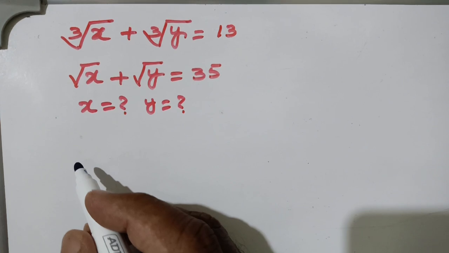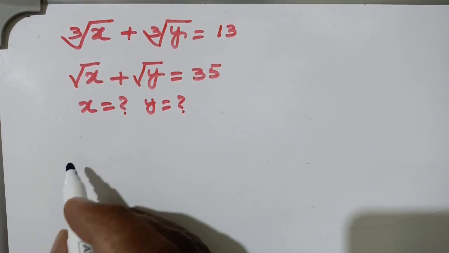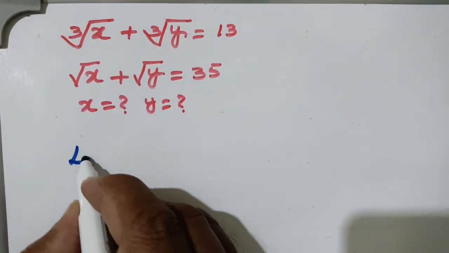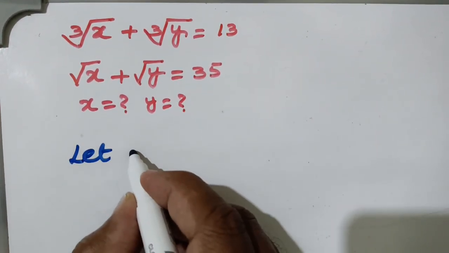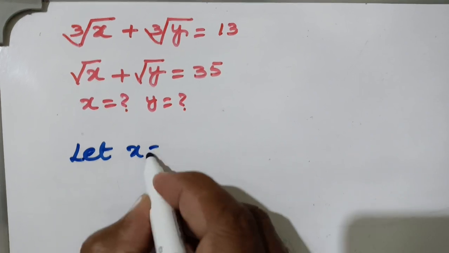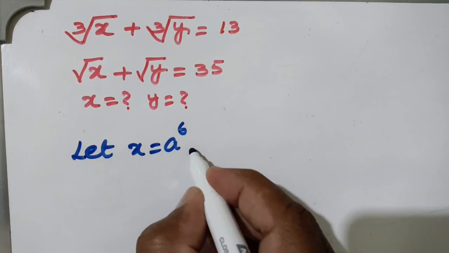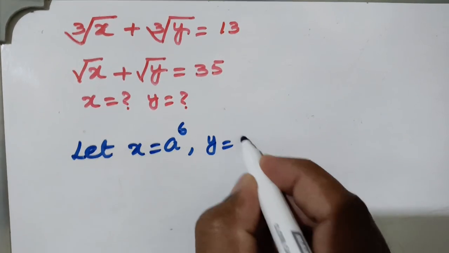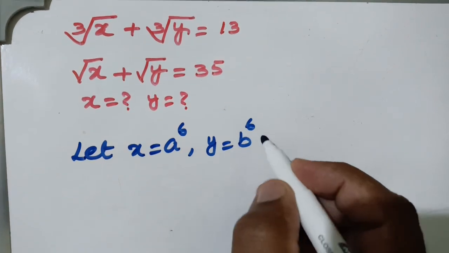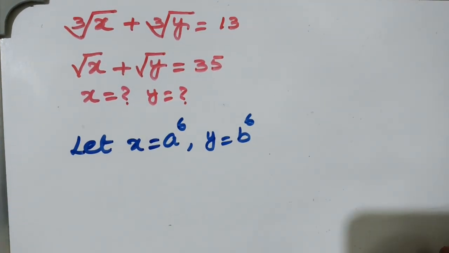So here, to get the answer in an easy way, I am going to take x is equal to a to the power of 6 and y is equal to b to the power of 6. Why do I take x is equal to a to the power of 6 and y is equal to b to the power of 6?